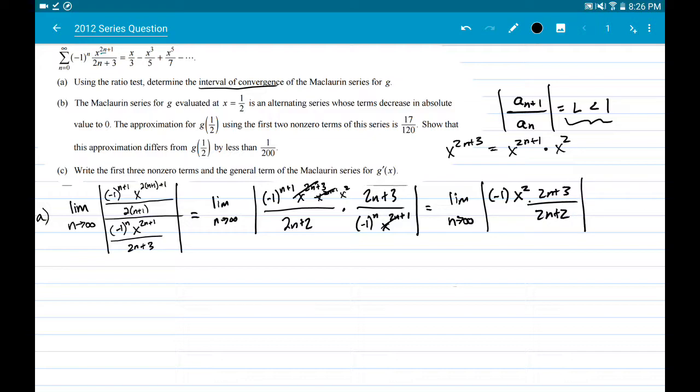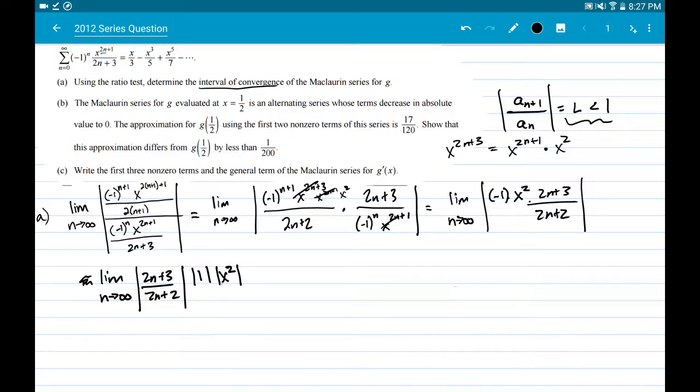And so I'm going to rearrange some stuff and essentially rewrite this as the limit as n approaches infinity. I'm going to put the n's up in front because n is what we're taking the limit of. And then it's weird to think about it, but I have this 1, which is going to go away, and then I have an x squared.